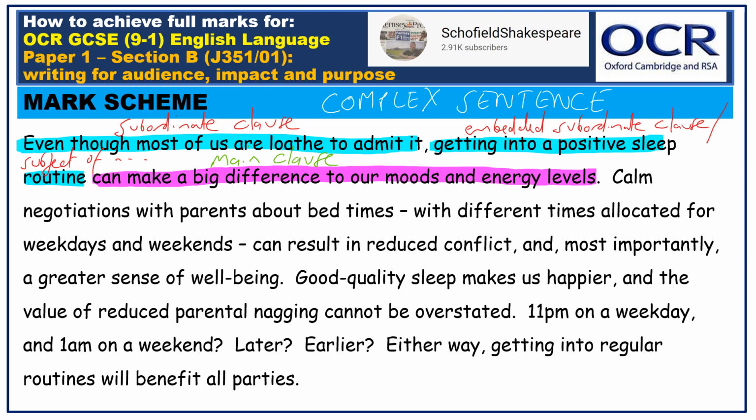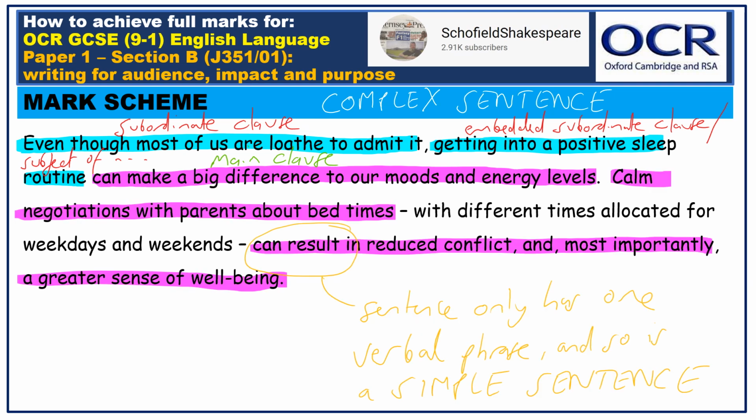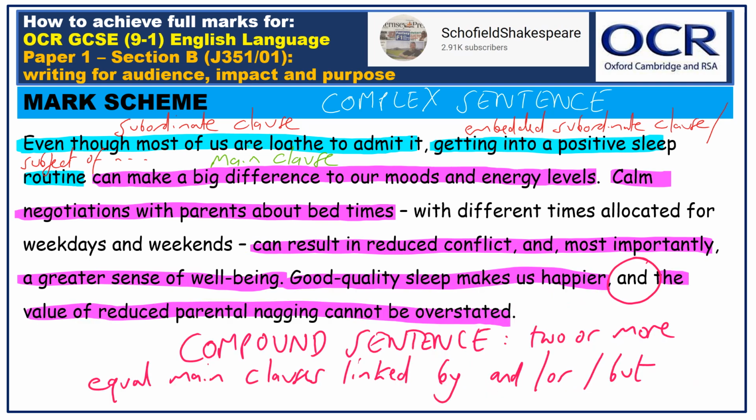The first sentence is a complex one, which starts with the subordinate clause. The second sentence, believe it or not, is, in spite of its length, a simple one. There is just one main verb and one main clause. And the third sentence is compound: two equal main clauses, in this case linked by the conjunction "and".